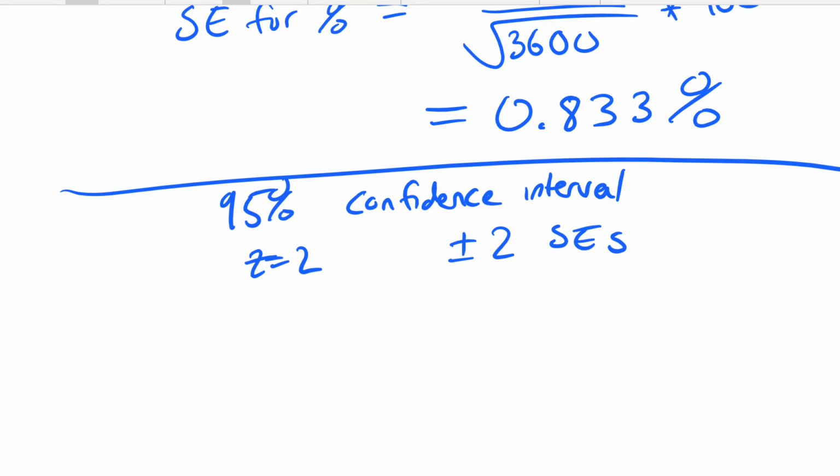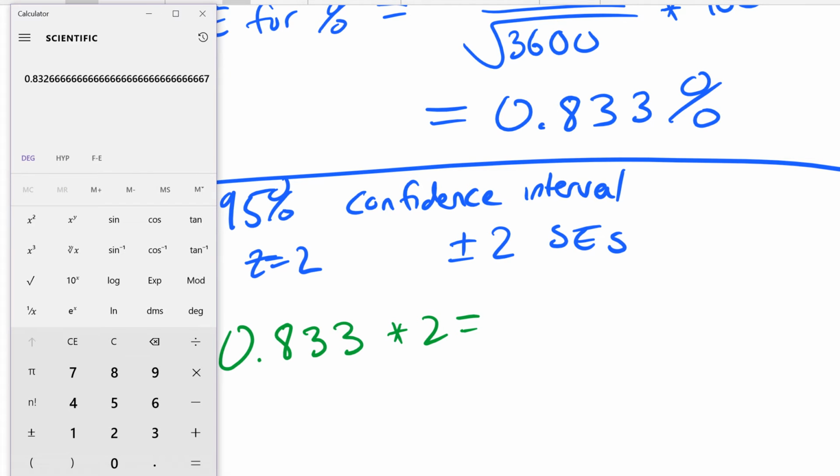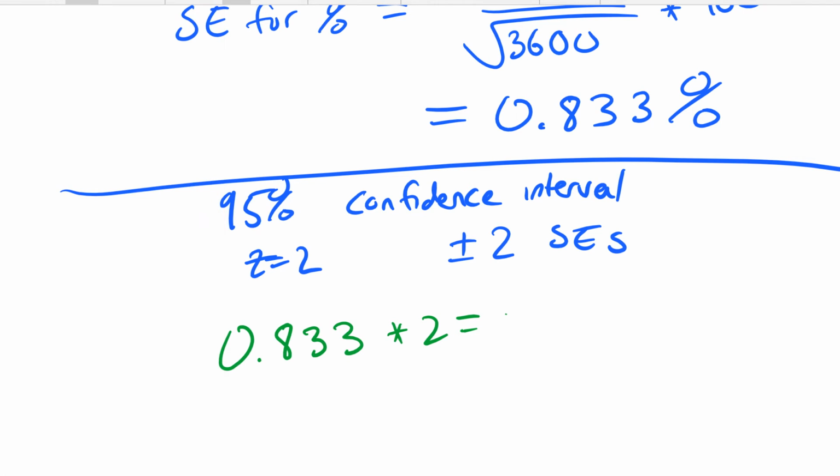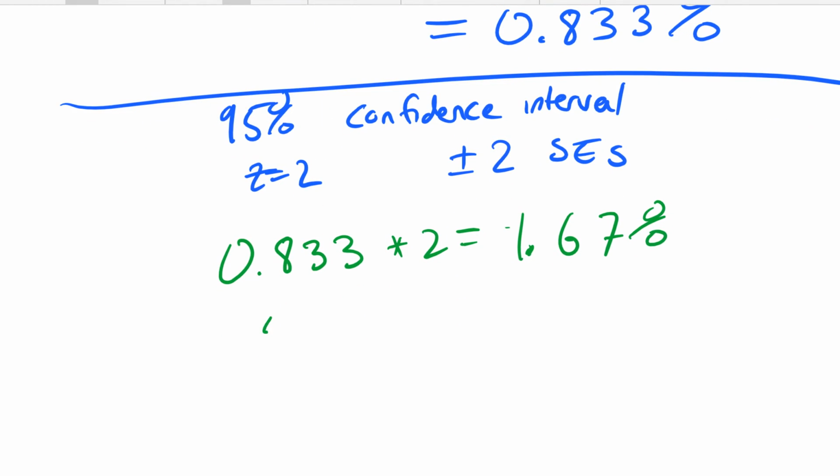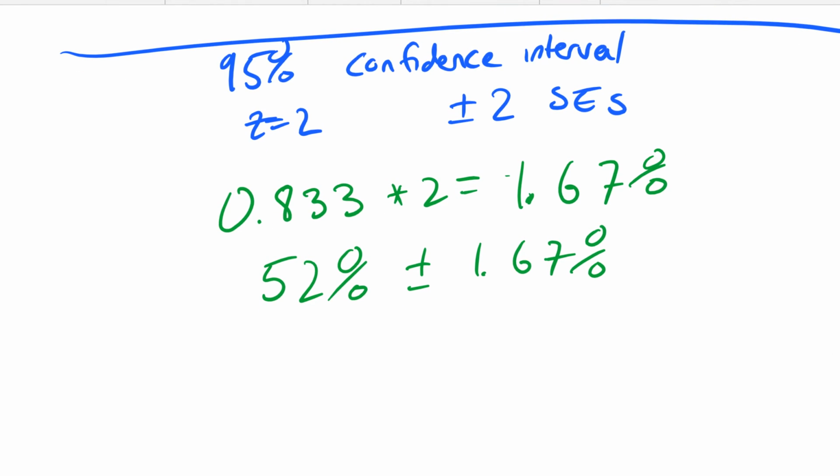So we take the 0.833 and multiply by 2, and get 1.67%. That means the 95% confidence interval is 52% plus or minus 1.67%. Let's get the actual range here.